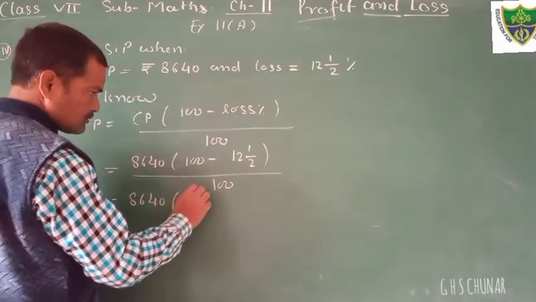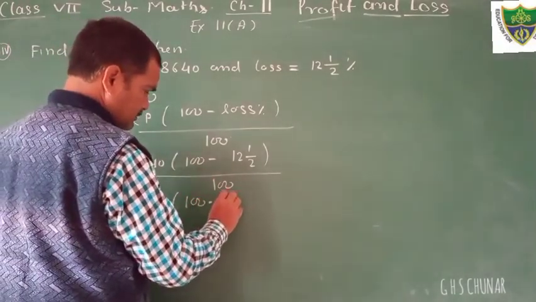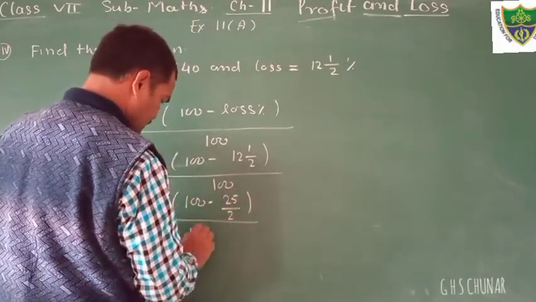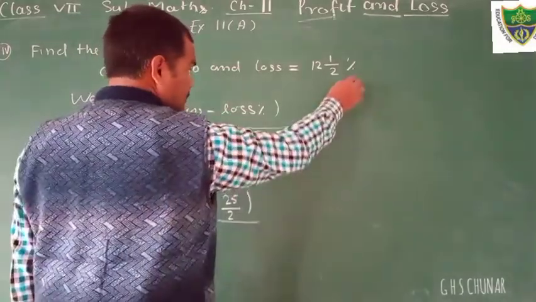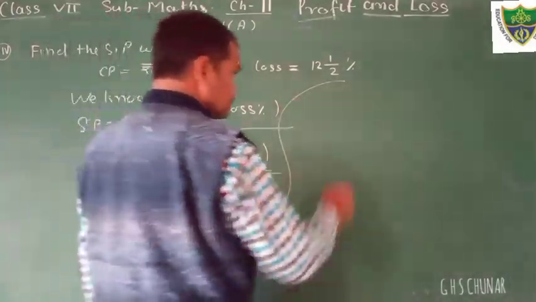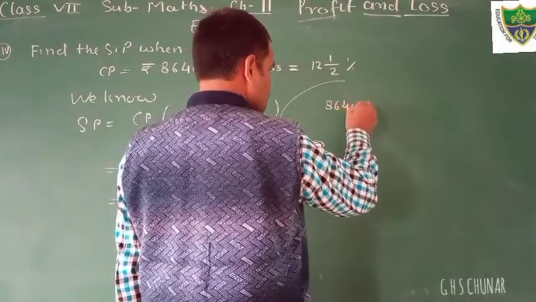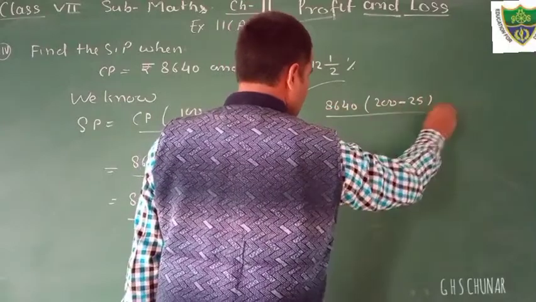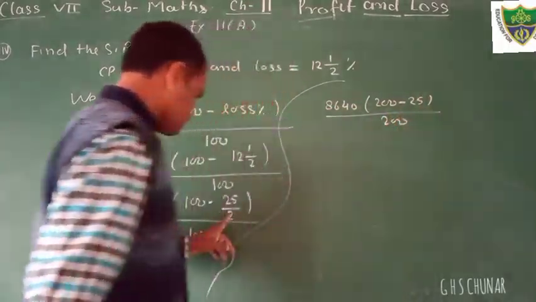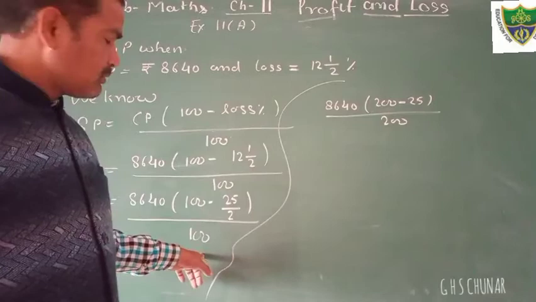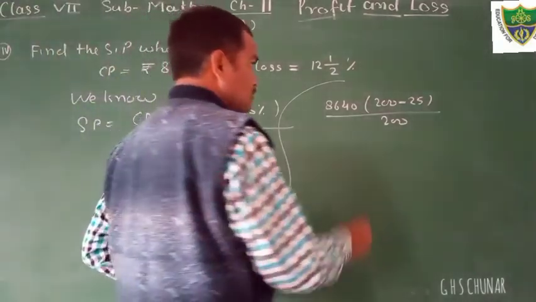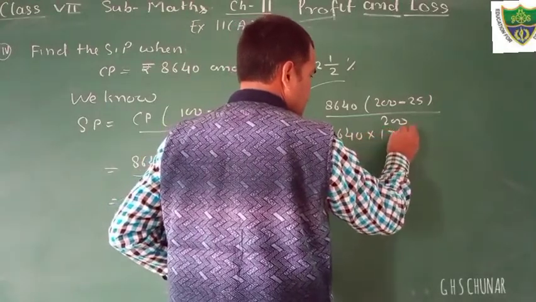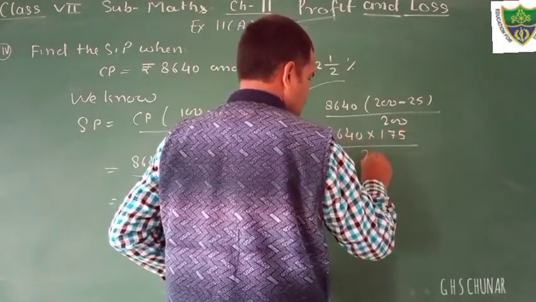That is 8640 into 100 minus 25 upon 2, whole upon 100, which will be equal to 8640 into 200 minus 25, whole upon 200. This 2 goes to the denominator, which makes it 200. Now 8640 into 175 upon 200.